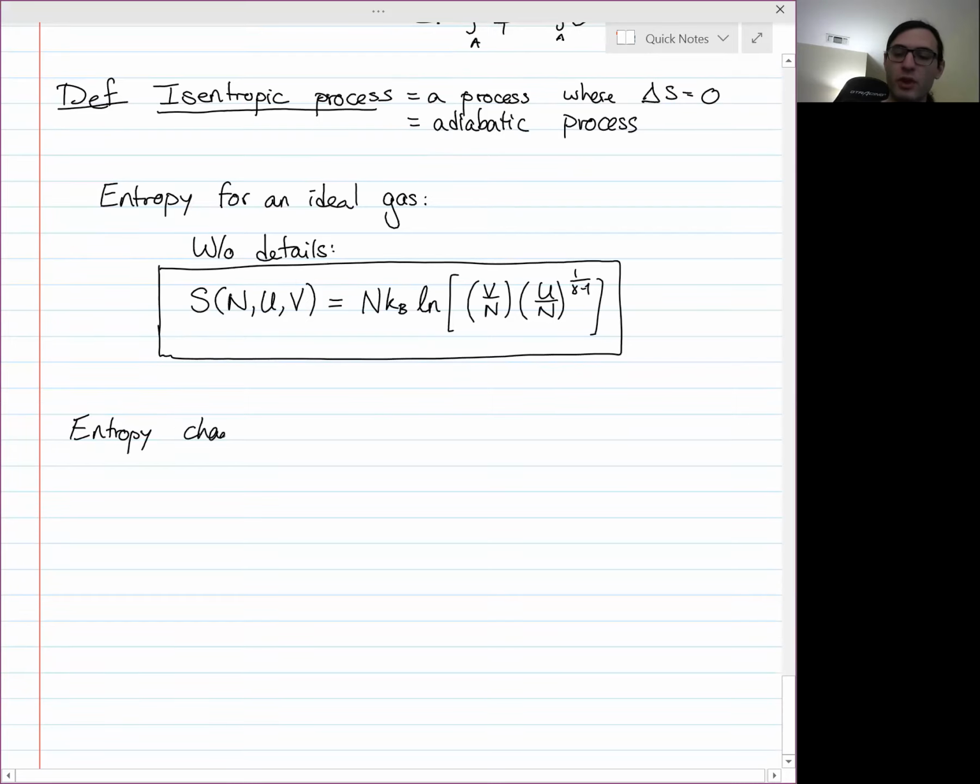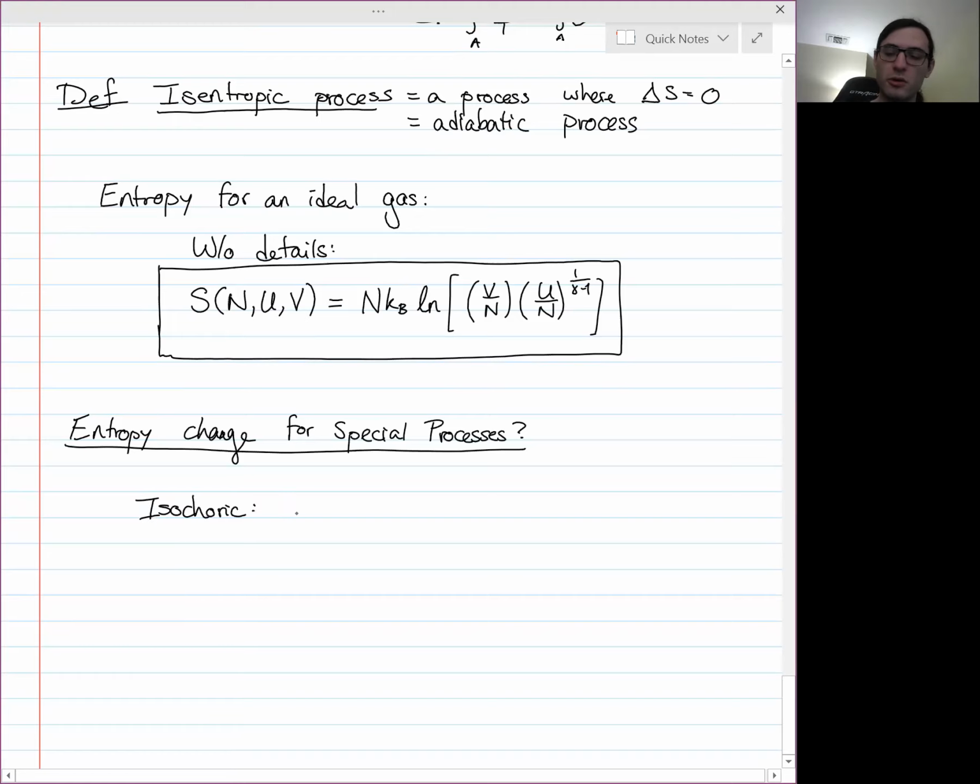We've learned about all of these processes: isobaric, isochoric, isothermal, and now isentropic. So what is the entropy change for those processes? For an isochoric process, we just compute delta S as an integral from A to B of dq over T. Now we want to figure out how much heat is added for a given small change in temperature, like we want to change variables from dq to dT.